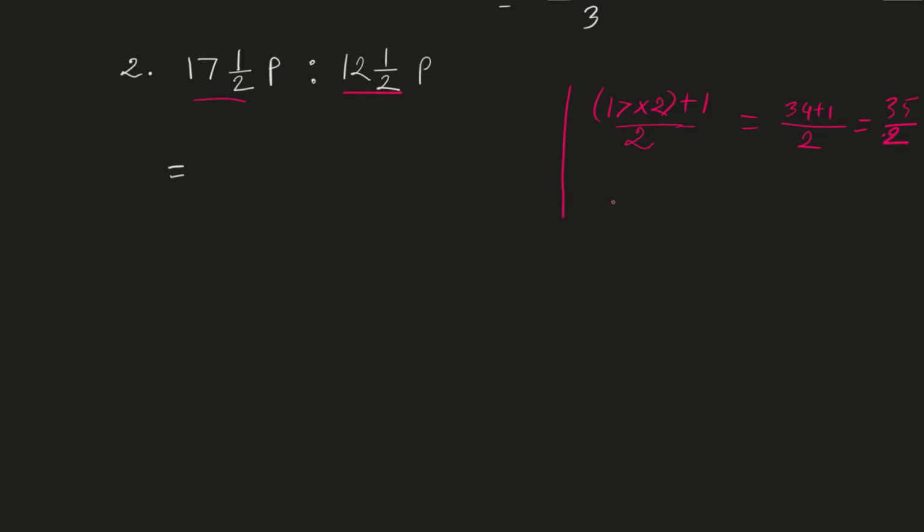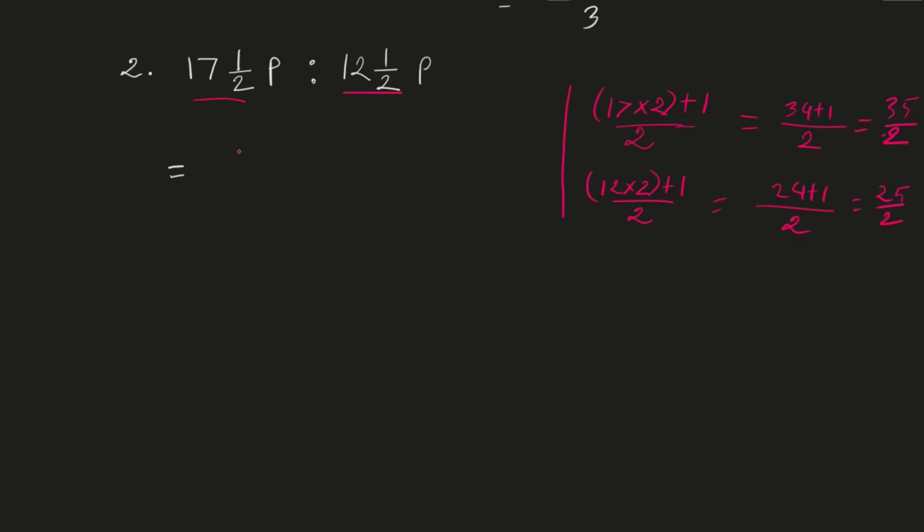And the second one, which is 12 whole 1 by 2, we write the denominator 2, and then the whole 12 times 2 plus the numerator, which is 1. In that case our answer will be 24 plus 1, or 25 over 2, right?